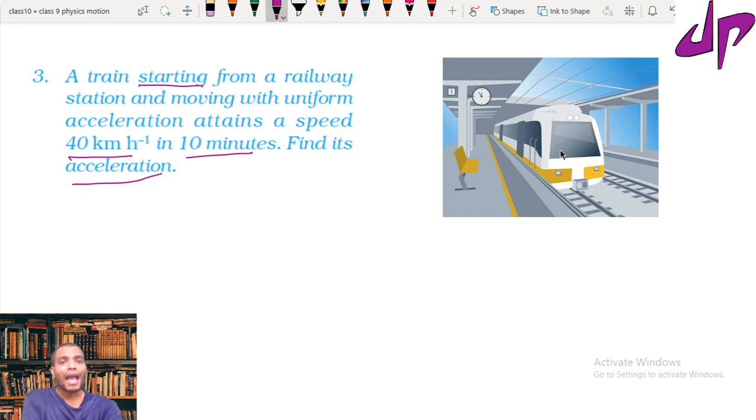To find acceleration, I need three quantities.